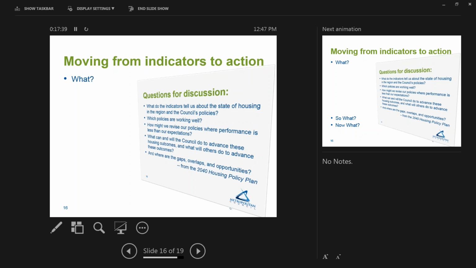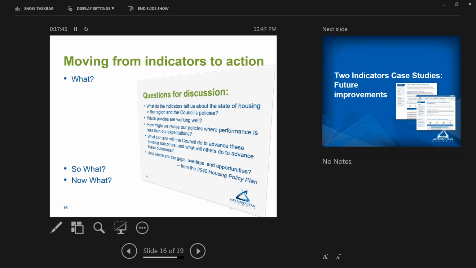So where we are at this point is that our indicators are serving the what conversation effectively: what is happening, what is the current status. But we haven't been able to get the conversation from the what to the so what and the now what. So that leap from indicators to action and doing things differently is the next iteration that we haven't gotten to.